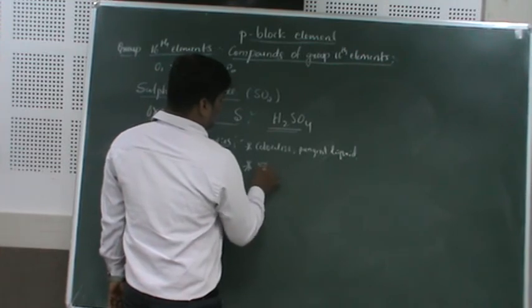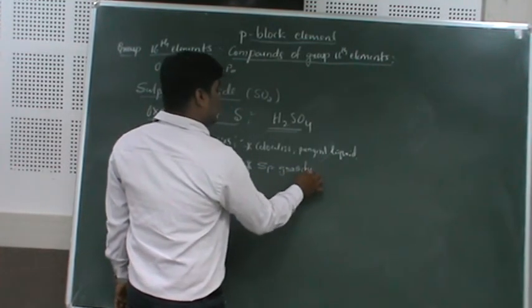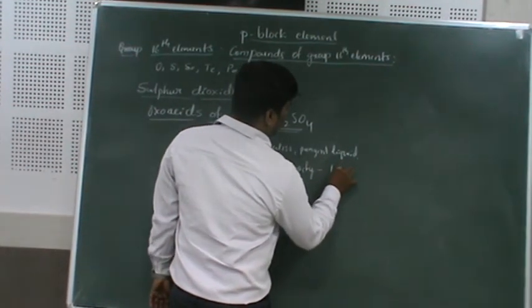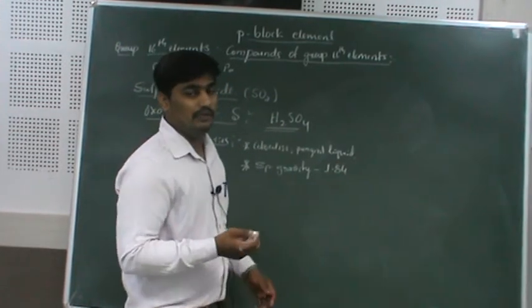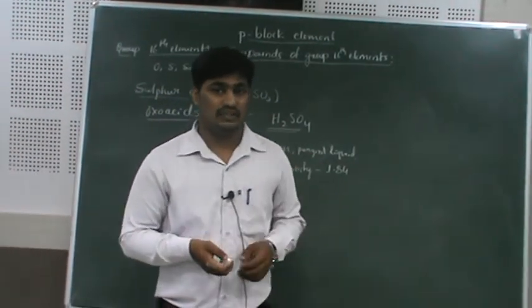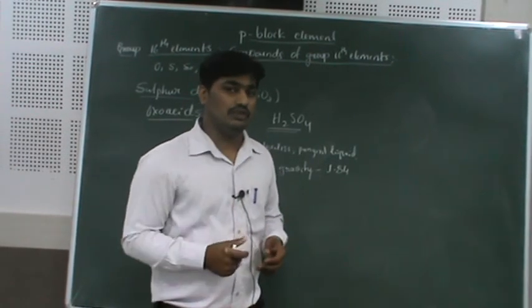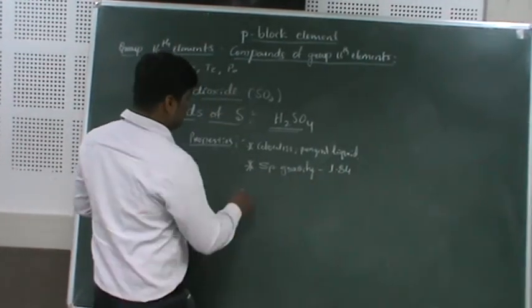It is better to explain in terms of specific gravity, which is 1.84. It is a little bit higher than that of water, therefore sulfuric acid is denser. We also observe a highly viscous nature in sulfuric acid.